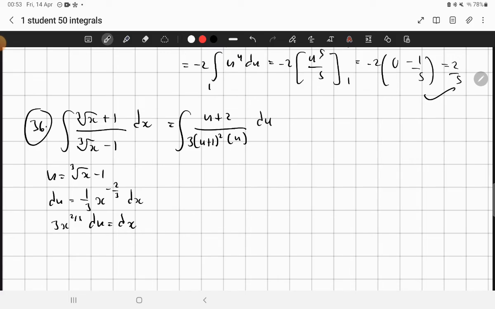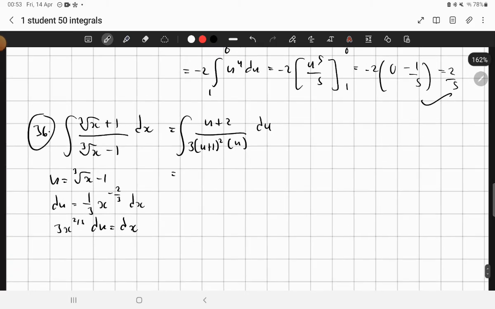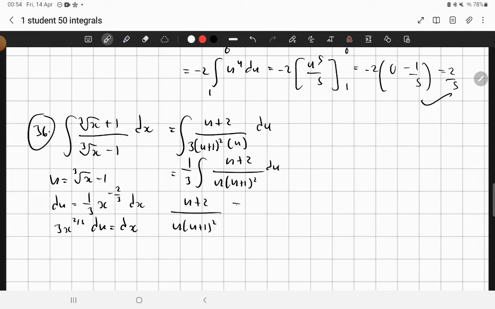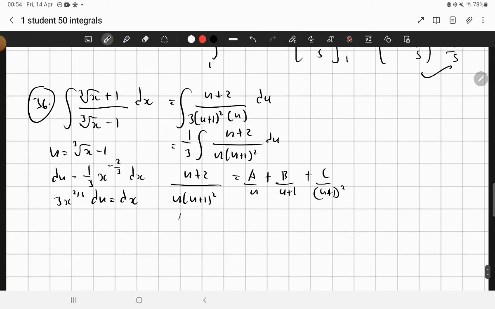Alright, what do we have here? A repeating linear factor. Now you're going to solve it. So u plus 2 over u plus 1 squared du. So partial fractions: we have A over u plus B over u plus 1 plus C over u plus 1 squared. Cover-up method: A can be 0 plus 2 over 0 plus 1 squared, which is 2.